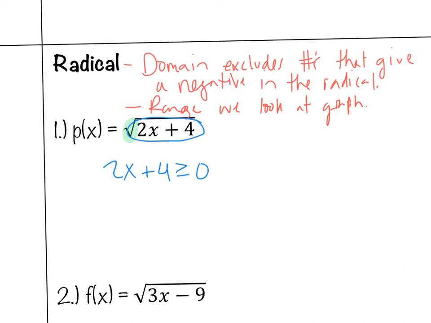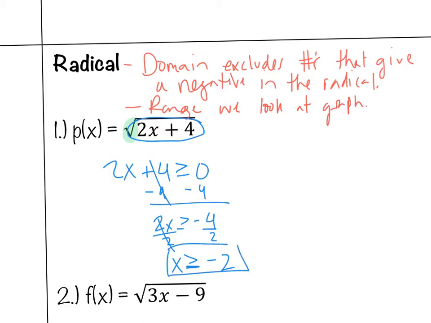So we can solve for this. Subtract 4, 2x is greater than or equal to negative 4, divide by 2. So x has to be greater than or equal to negative 2. And that's our domain. So our domain is x is greater than or equal to negative 2.